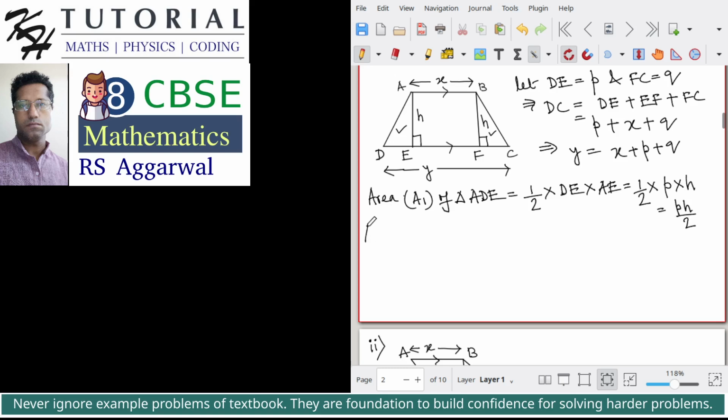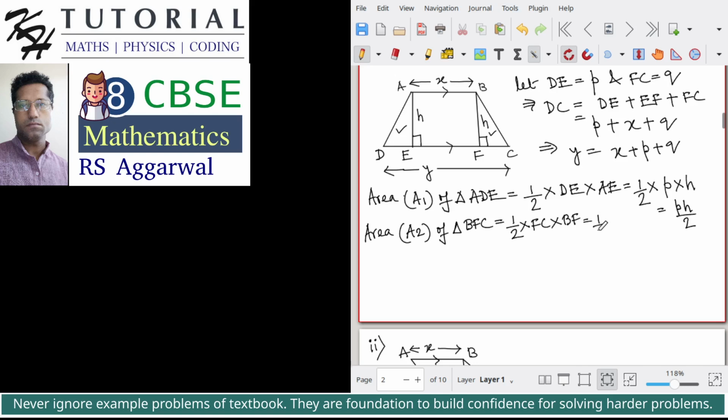Also, let's find the area A2 of triangle BFC, which will be similarly equal to half into FC into BF.